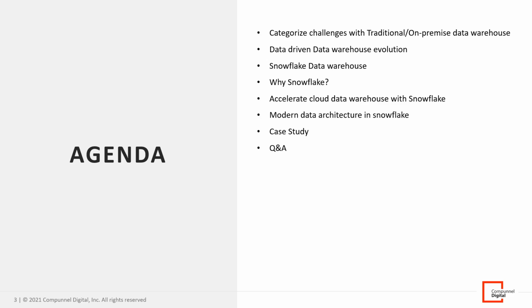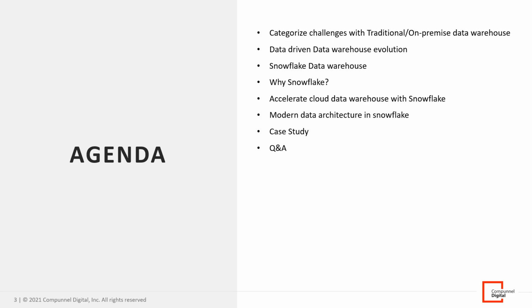These are all the points and topics that we will discuss: the categorized challenges with traditional or on-premise data warehouses, then data-driven data warehouse evolution, the Snowflake data warehouse and Snowflake specialty with it, and how to accelerate cloud data warehouse with Snowflake, modern data architecture within Snowflake. Apart from that, we can also see the case study, and then we will go ahead with the question and answer session.